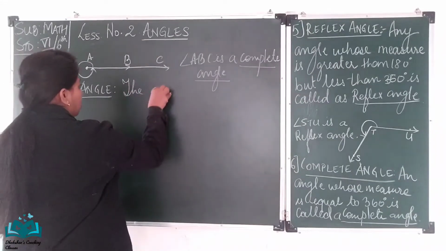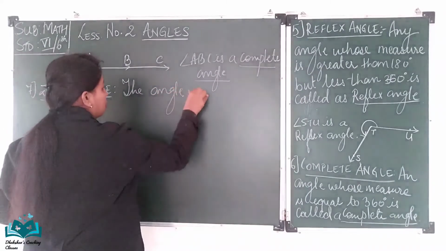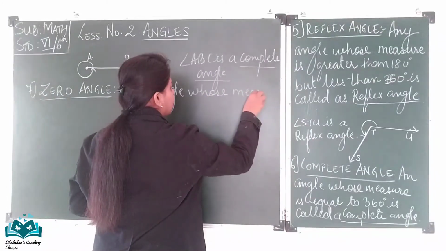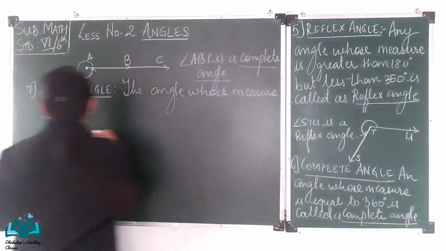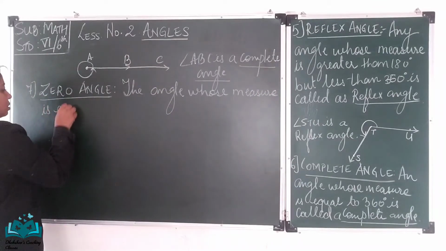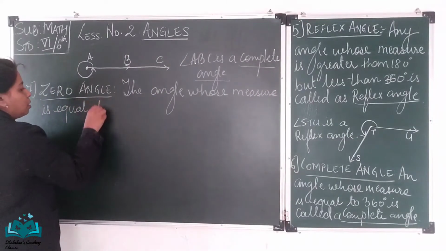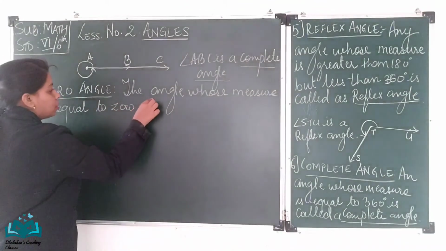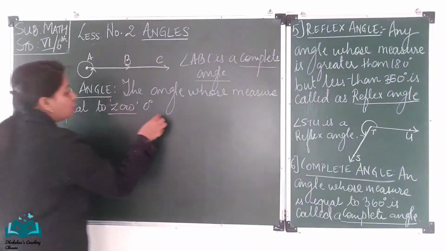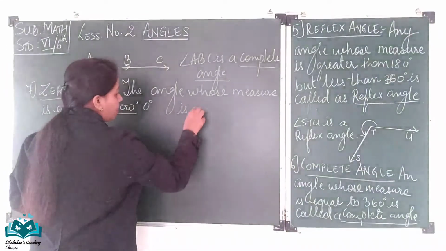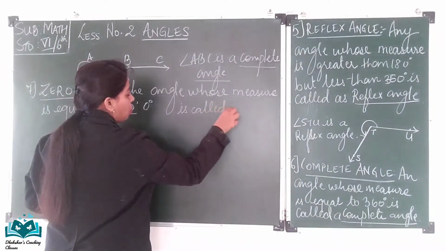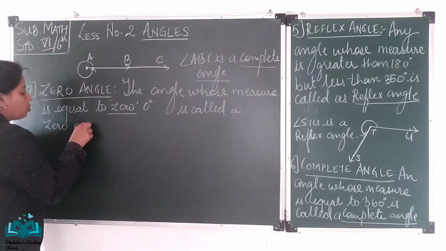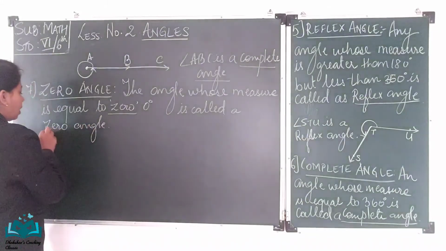The angle whose measure is equal to 0 is called a zero angle.